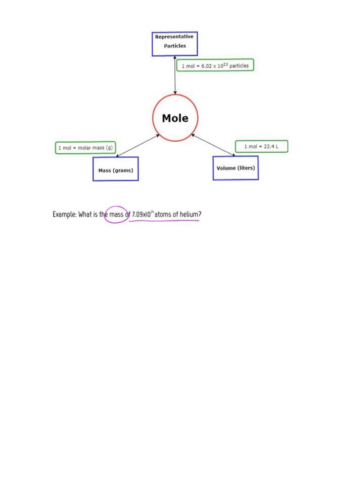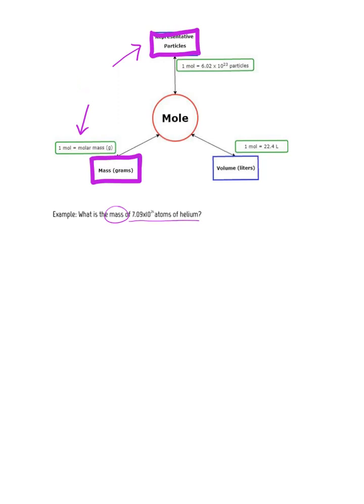If we take a look at this infographic, this picture up here, we were given particles because we were given atoms of helium. It's asking us what the mass is. So when we try to figure out the connection between particles and mass, there isn't a conversion factor that's actually given there.